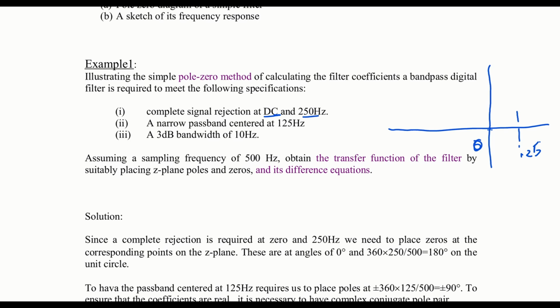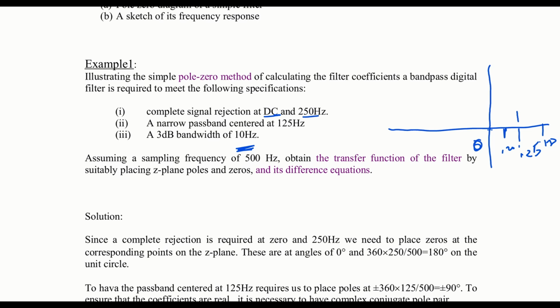So this filter should have a 3 dB bandwidth of 10 hertz, which means between 120 hertz behind 125 and 130 hertz in front of it. A bandwidth of 10 hertz means that there is 5 hertz on the right and 5 hertz on the left.